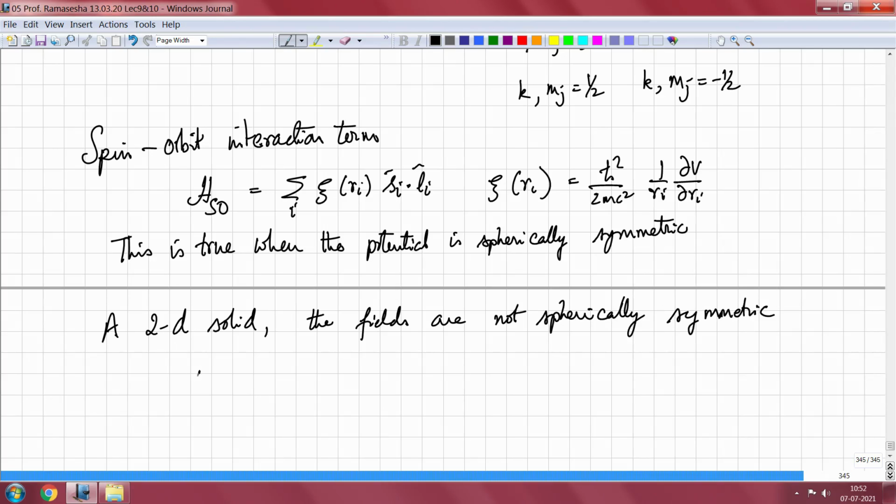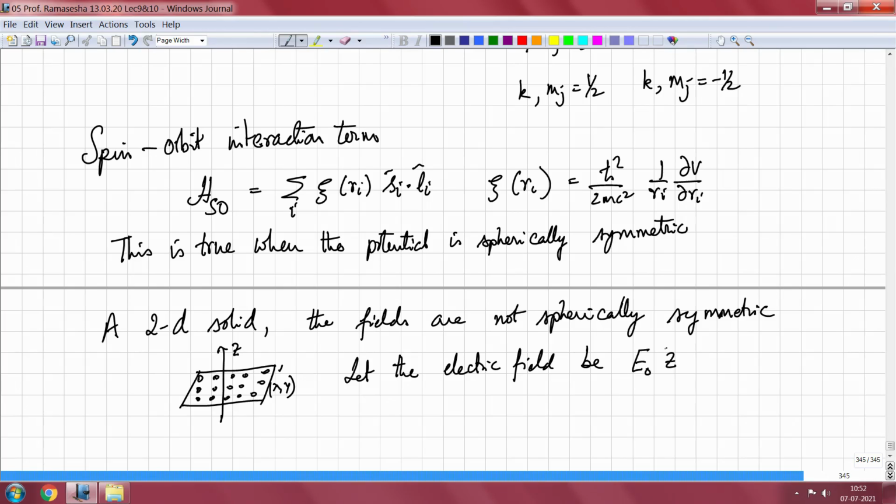So, supposing I am having a planar solid like this, then there is a field. If this is in the xy plane, then there is a field along the z direction, and let the electric field be E naught times z.